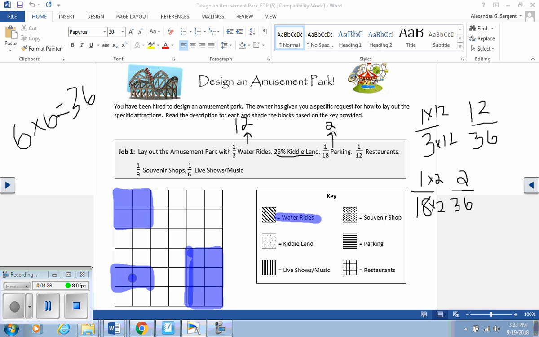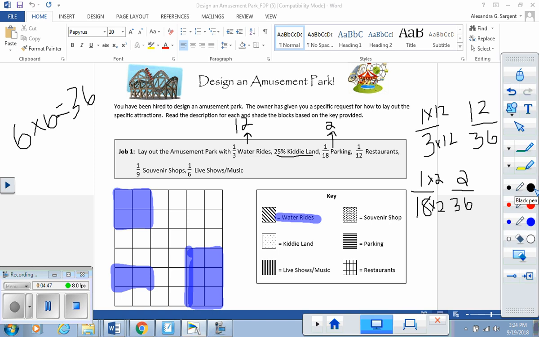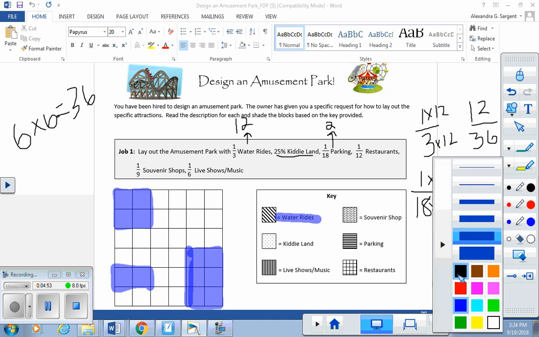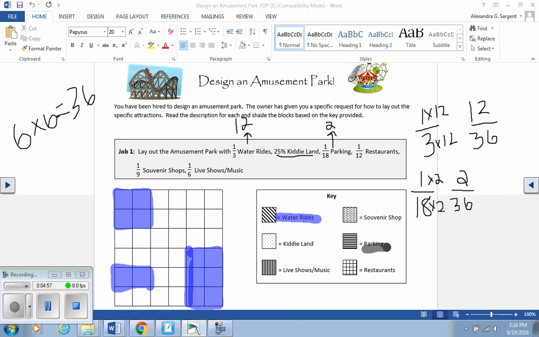There's 4, 5, 6, 7, 8, 9, 10, 11, 12. So I've accounted for all the water rides that are going to be there. Now I can put in my parking, which is, we said 2 out of the 36. So I'm just going to use this color. And I'm just going to put my parking lots together and make this parking. So now I'm ready to continue with it.